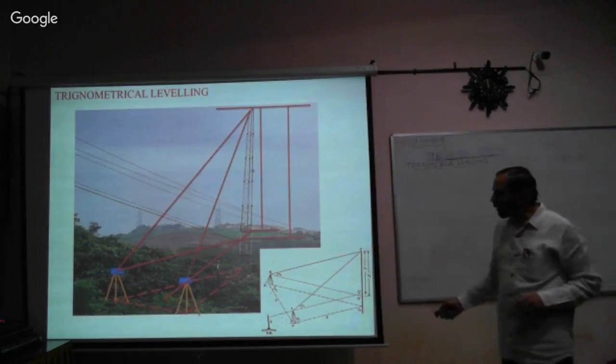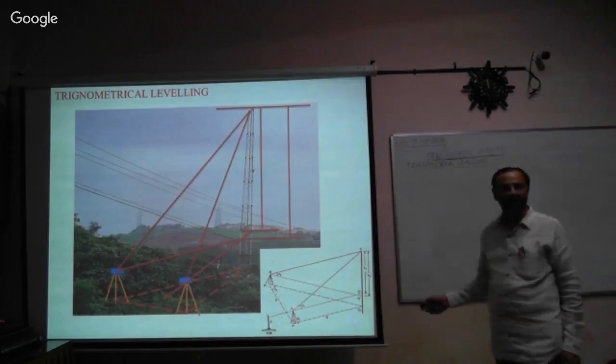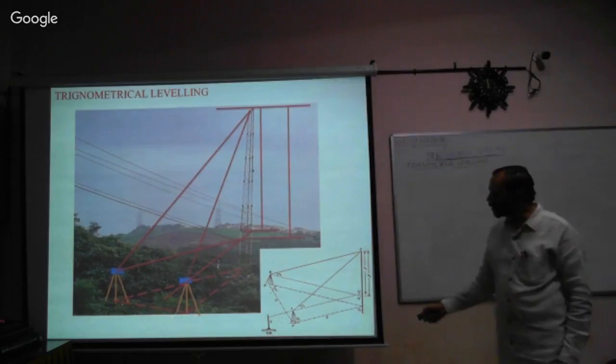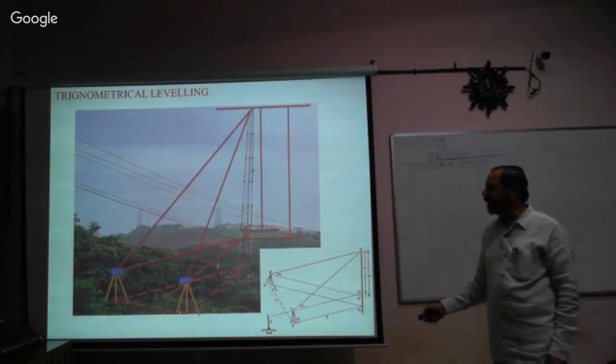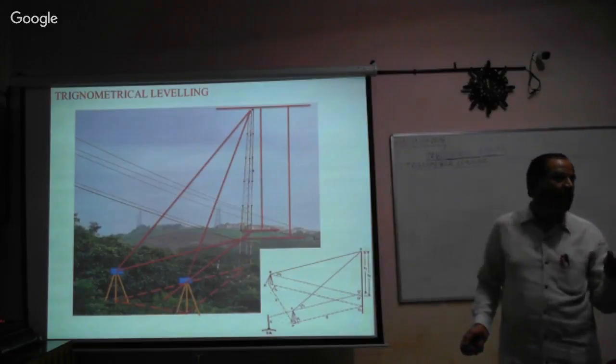Now see, theta 1 is known, theta 2 is known, theta 3 can be computed, and the distance between the two stations is known. Then solve this triangle by applying the sine rule.